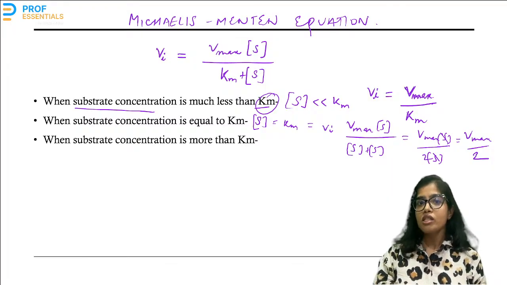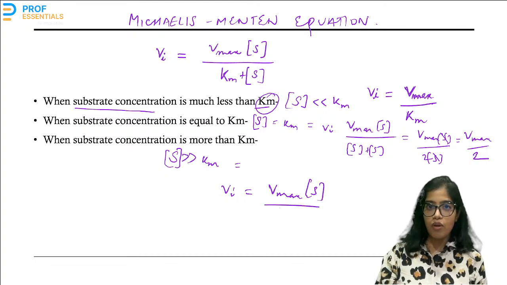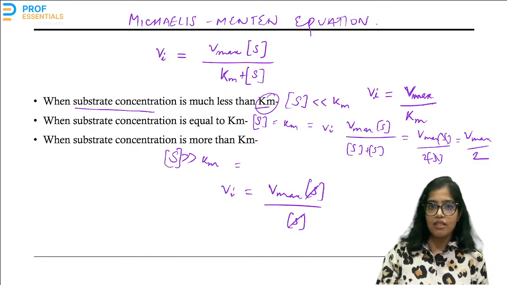When the substrate concentration is much more than Km, then Vi is equal to Vmax substrate upon, now Km you don't write because it is negligible. This will get cancelled. So Vi is equal to Vmax. So when the substrate concentration is much more than Km, then Vi is equal to Vmax.